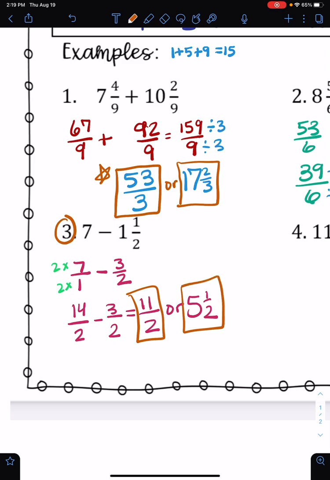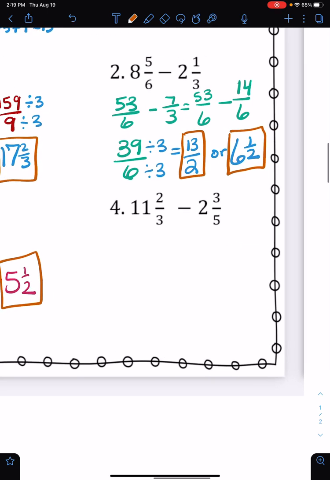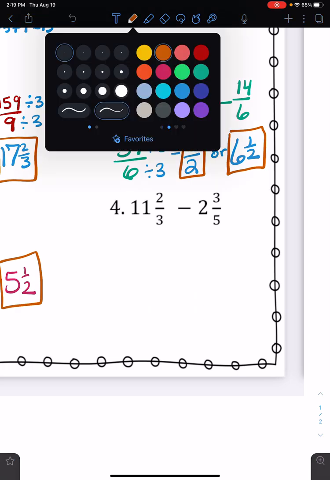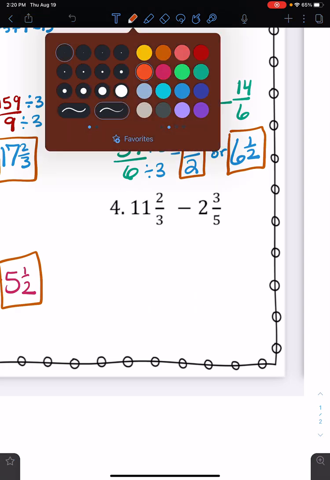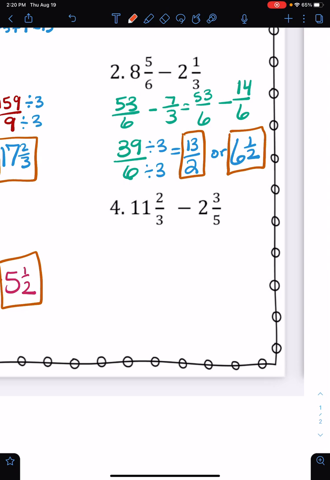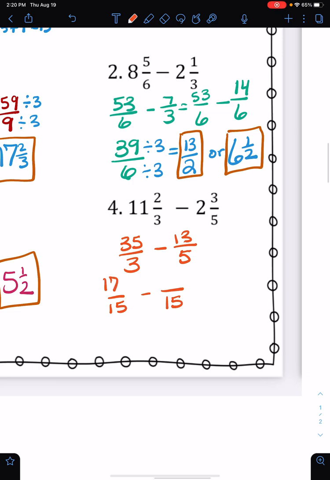And the last example on this side, I'm going to change these to improper fractions, so let's do that. 11 times 3 is 33, plus 2 is 35. 5 times 2 is 10, plus 3 is 13. A good common denominator would be 15. So I need to multiply 35 times 5. I get 175.